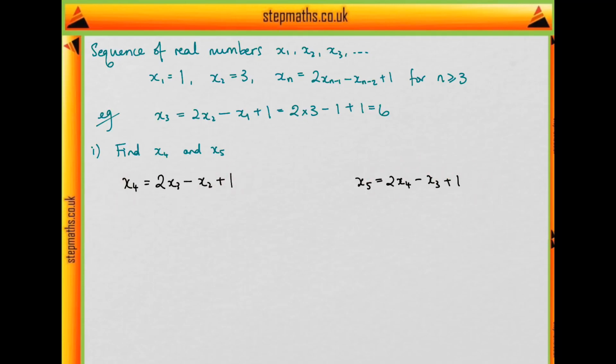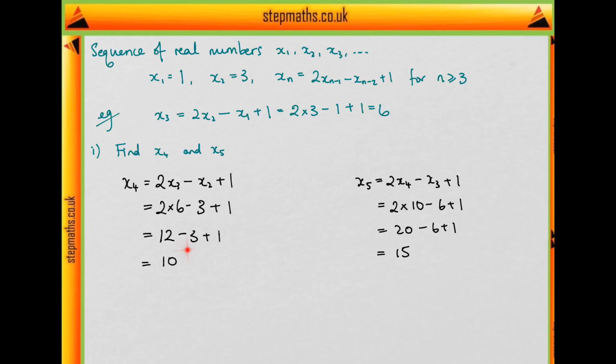Pause the video and try it, and then you should get x4 is equal to 10 and x5 is equal to 15, just by substituting the values of x3 and x2, and then using x3 and x4 in the formula for x5.